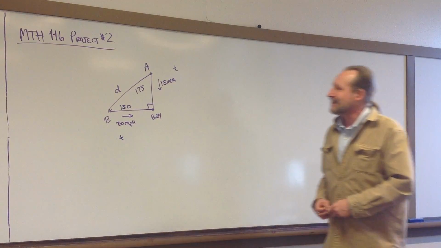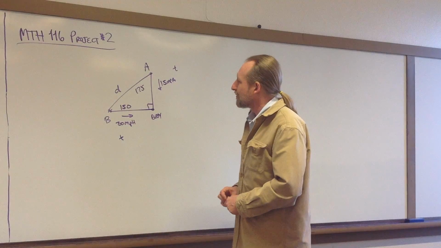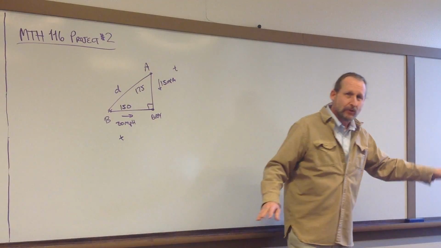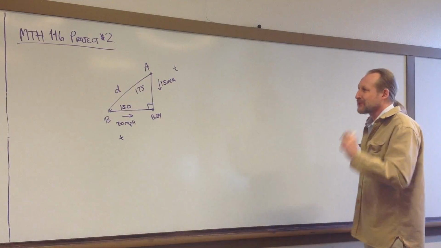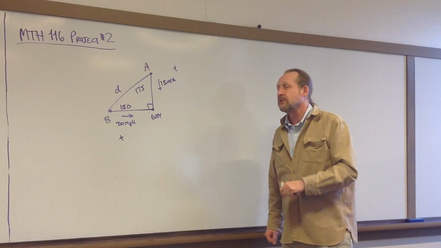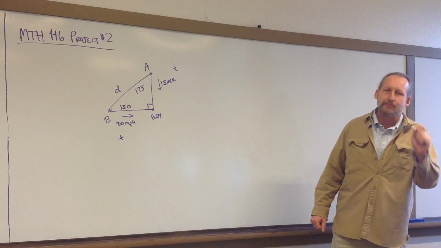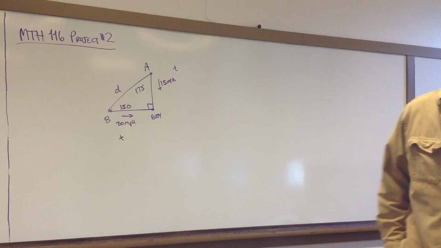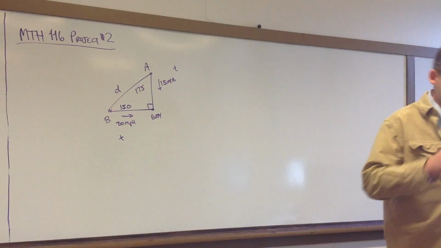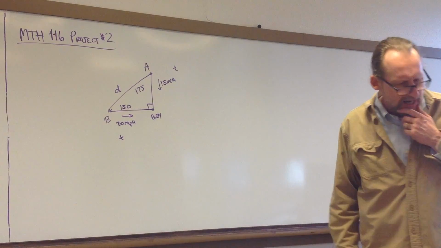I think this is a much clearer, straightforward way of setting it up, but if you see the coordinate axes method as being clearer and more straightforward, then by all means go ahead and do that, but just be sure to explain it very clearly. All right, so that's part A, to represent that distance as a function of time.